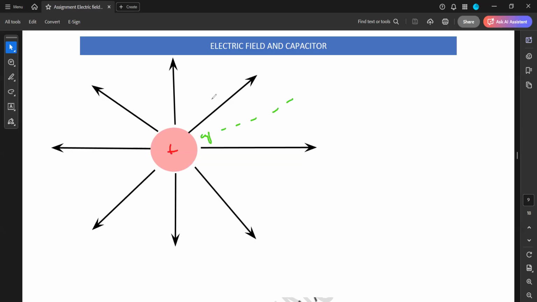It is continuously decreasing. Why? Because the lines are closely spaced near the charge, then the space between the lines increases, so the strength will decrease.